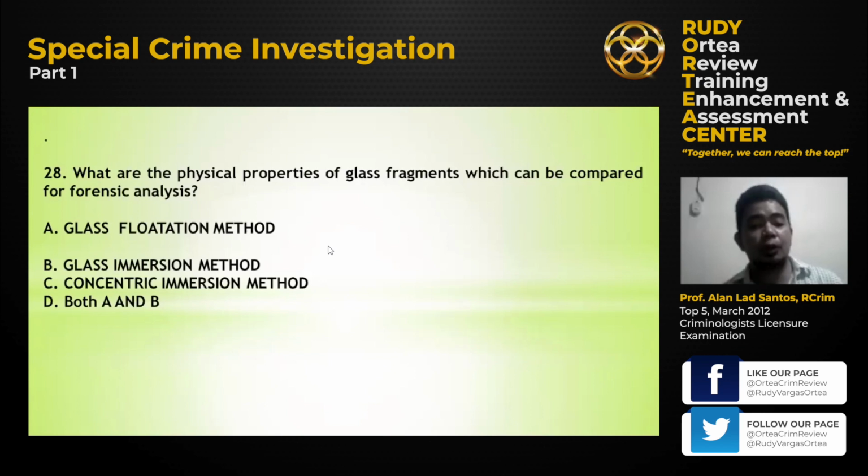So ang sagot dito is letter D, both A and B. Hindi tayo sa concentric immersion method, kasi pag sinabi mong concentric, it is a crack, a circular glass crack, yung crack sa basag ng salamin na ikot, encircling, broken glass. Ngayon, dalawa yan: glass flotation method and glass immersion method. So the answer is letter D.